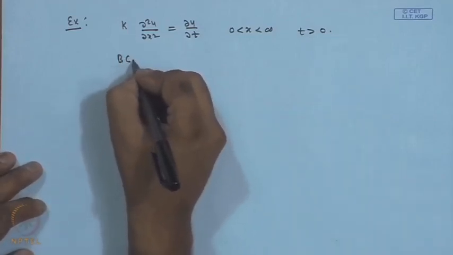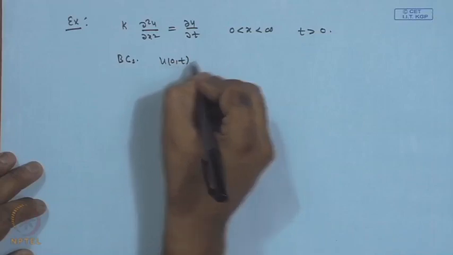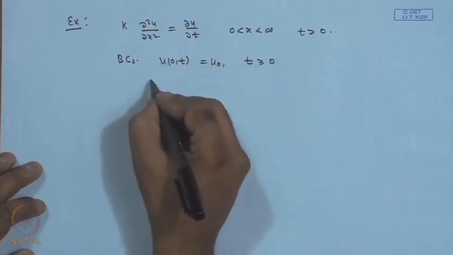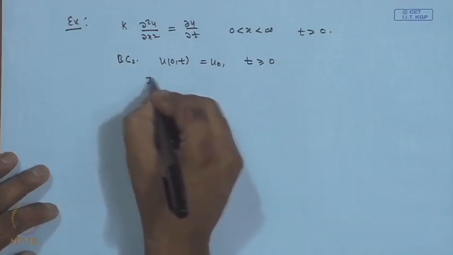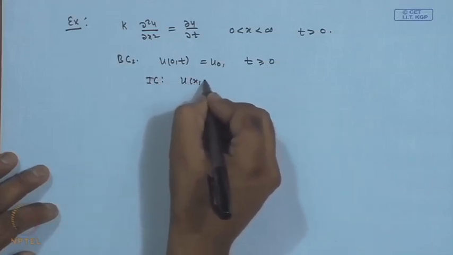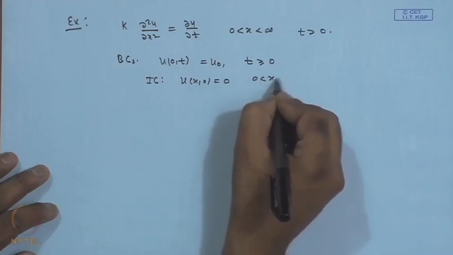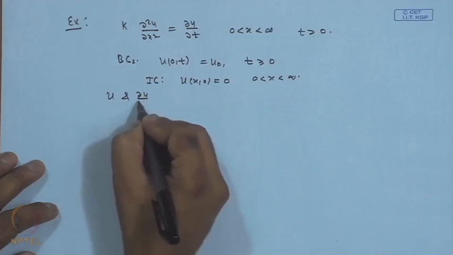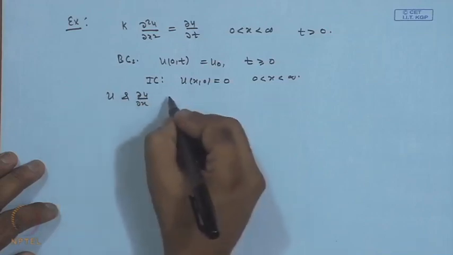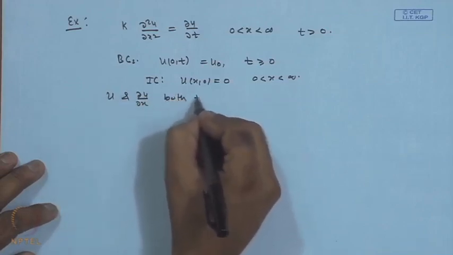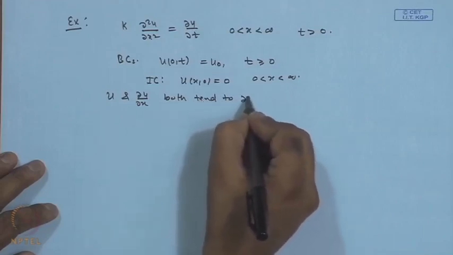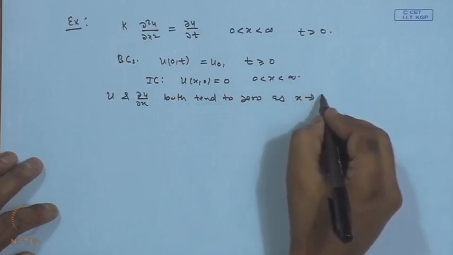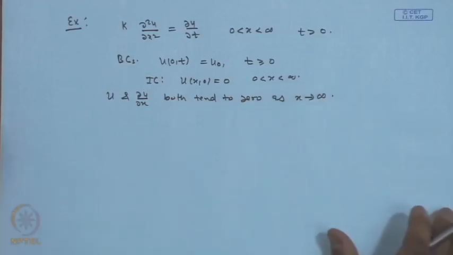The boundary conditions are given, u(0,t) is u0 for t greater than or equal to 0, and the initial condition is given, u(x,0) is 0, and also that del u over del x and u both tend to 0 as x approaches infinity.